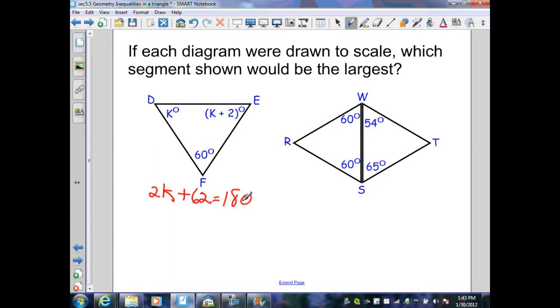And when I subtract, I'm going to get 2k equal to 118 degrees. And when I divide by 2, I'm going to get the value of k. And here, the value of k is going to equal 59.